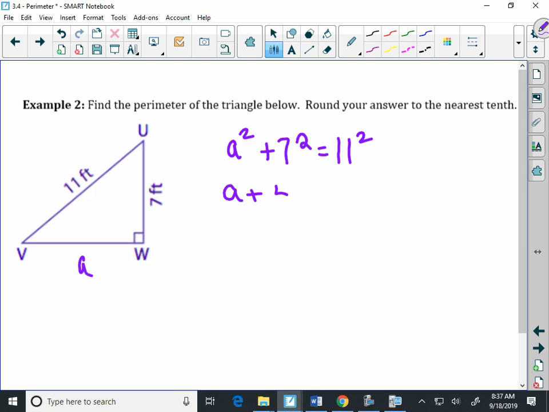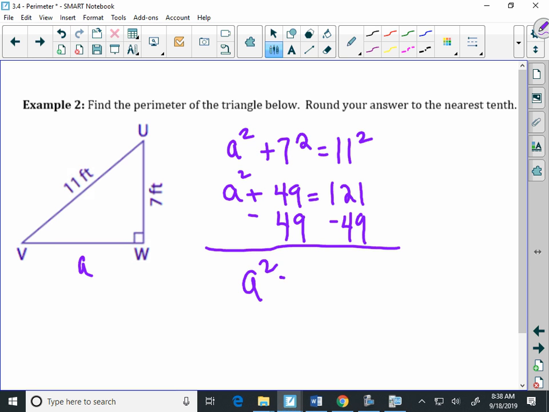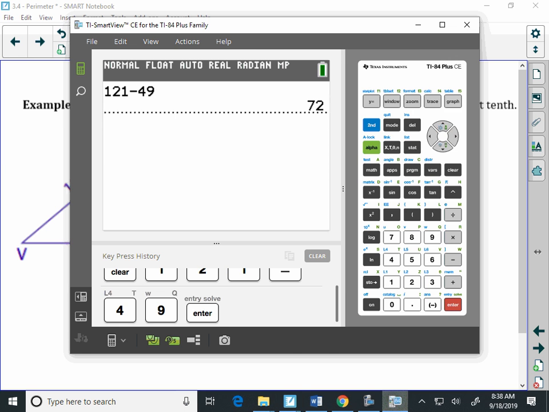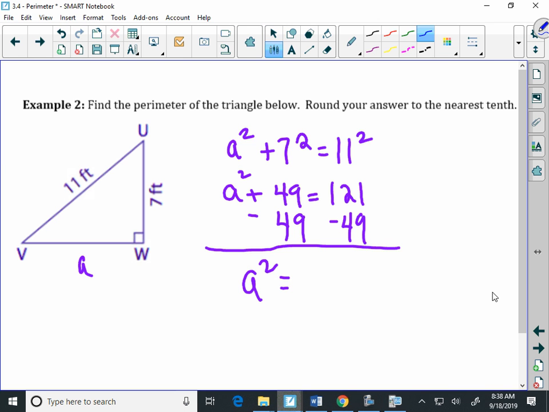But 7 squared is 49. 11 squared is 121. And then we can subtract 49 from both sides. And we will need our calculator conceivably on this one. But when we subtract 121 minus 49, we end up with 72.